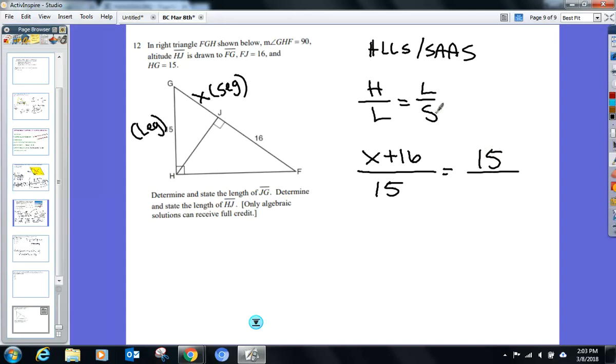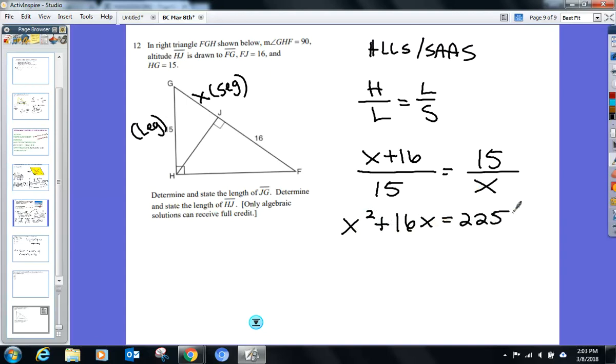And what's that S represent in Hills? Segment, but I've got two of them. The one next to the leg I'm using. So if I'm using leg 15, what's the segment next to it? X. There's Hills: x squared plus 16x equals 225.